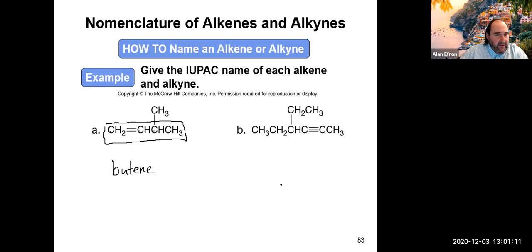We do need to give the location of our double bond, and numbering left to right will give us the smallest number. And that means that our double bond's at 1-butene, and that means that our methyl group is at carbon 3. So this would be 3-methyl-1-butene. Any questions on that there?